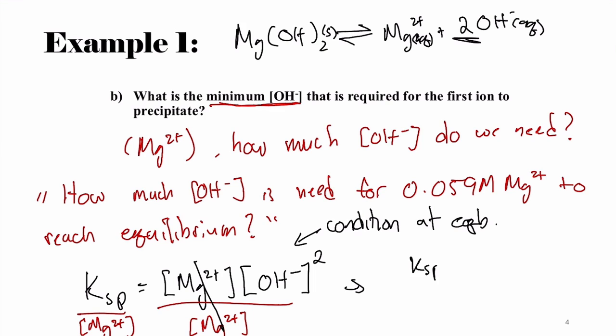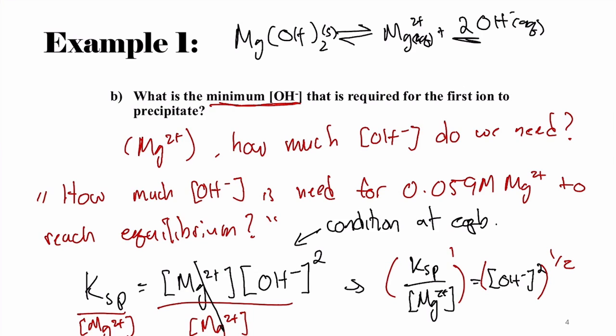We get KSP over Mg2 plus equals OH minus squared. I raise everything to the 1/2 power, so just square root both sides. And then that's going to give me my answer. That'll give me my concentration.